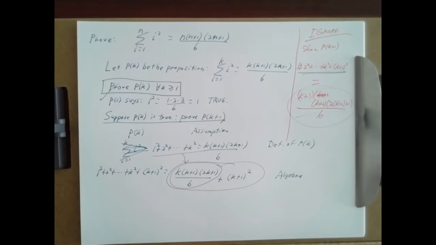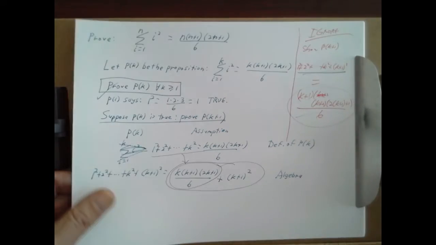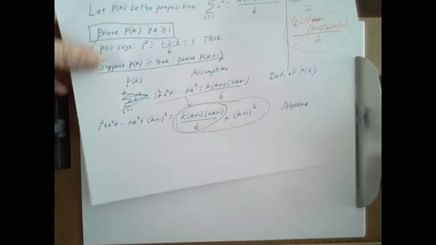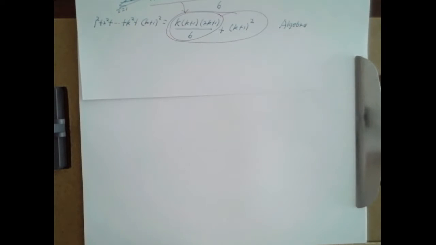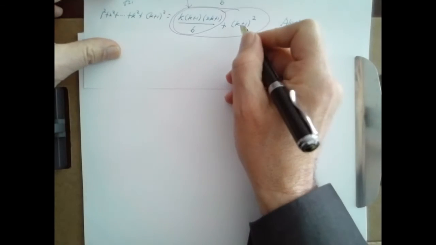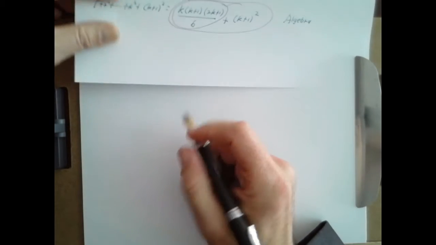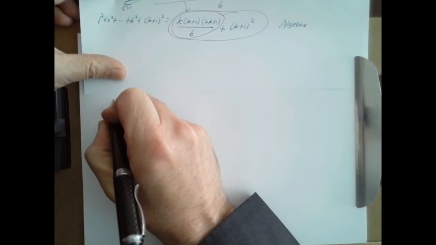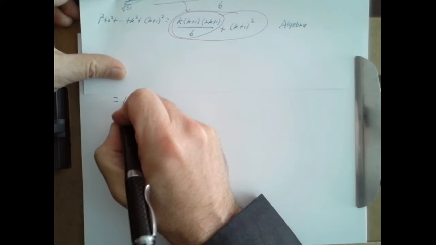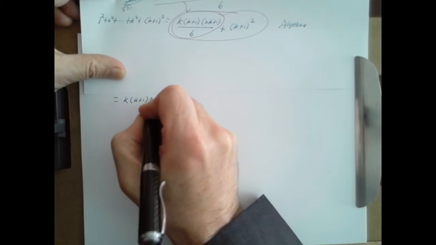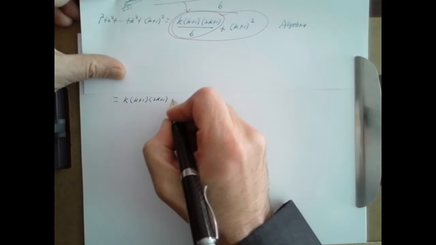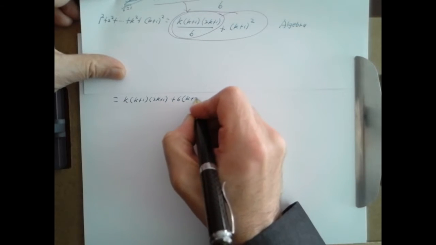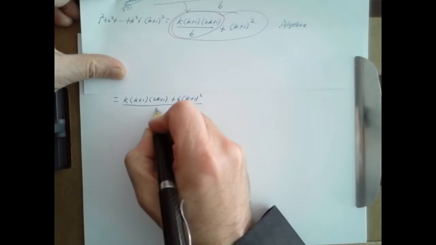But let's try combining and simplifying and doing those things we do. That 6 makes it difficult. Let's multiply this k plus 1 squared by 6 and see if we can get lucky. So this right-hand side is equal to k times k plus 1 times 2k plus 1 plus 6 times k plus 1 squared, all divided by 6.